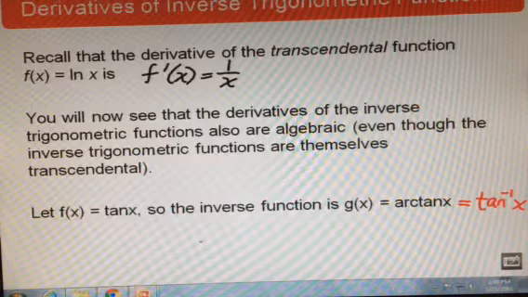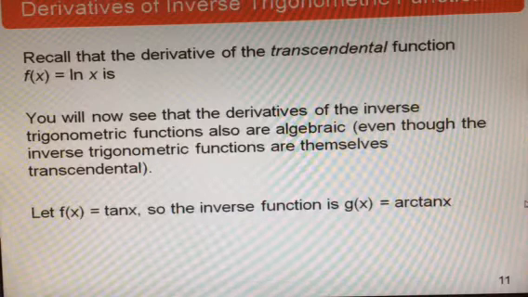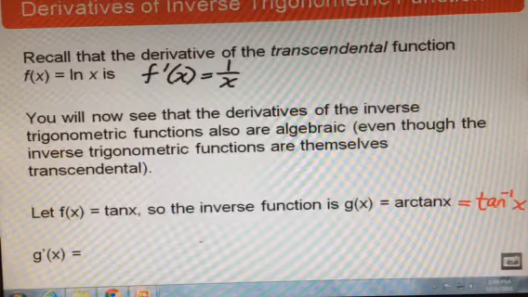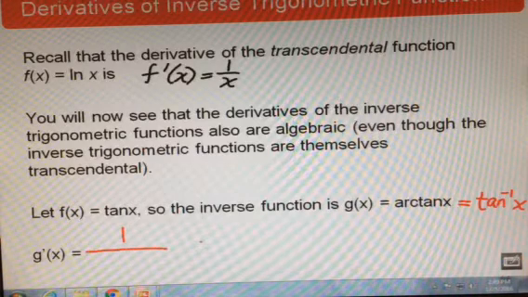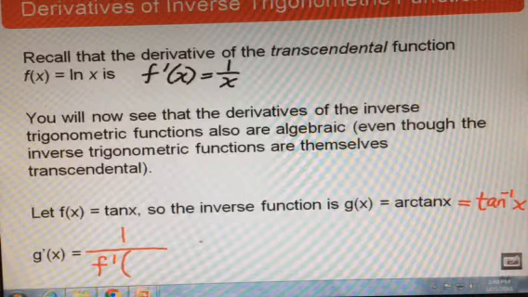So for us to find the derivative of inverse tangent x, we use the formula that we've been using before for derivatives of inverses, which is the reciprocal. So that's 1 over f prime, the derivative of the original function, of the inverse.